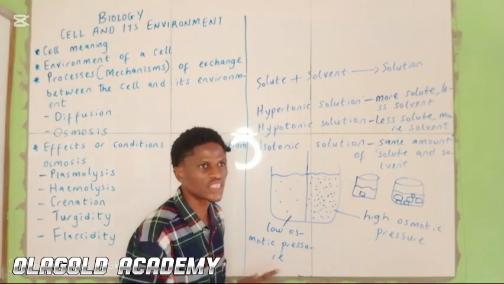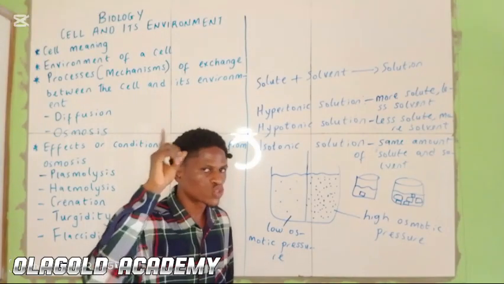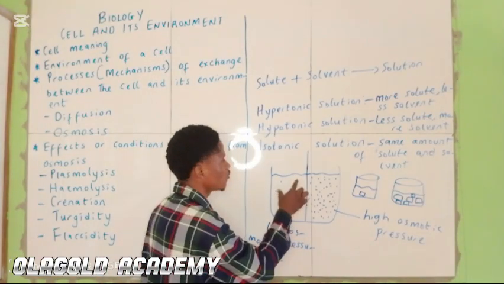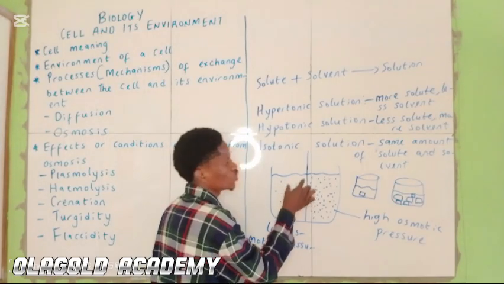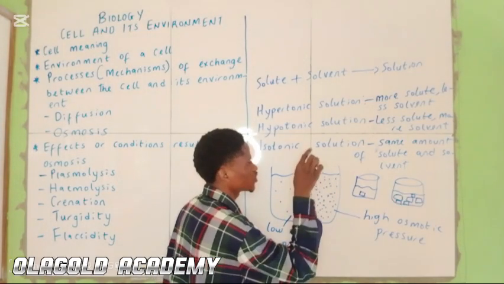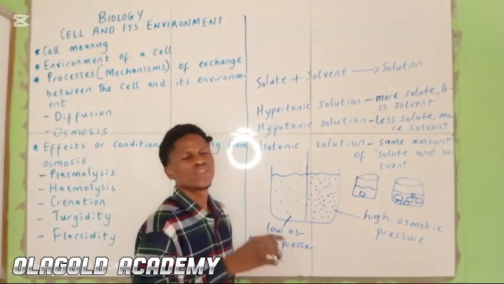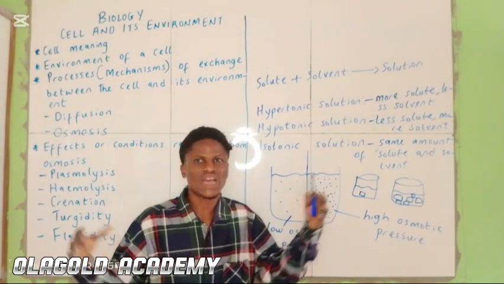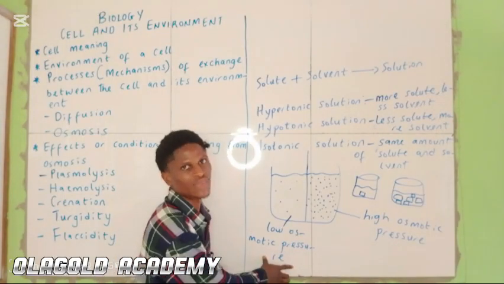So as we can see, from the first definition of osmosis, water molecules move from the region of higher concentration to a region of lower concentration. So the first definition and the second definition are the same thing. It's just the terms used that are different.